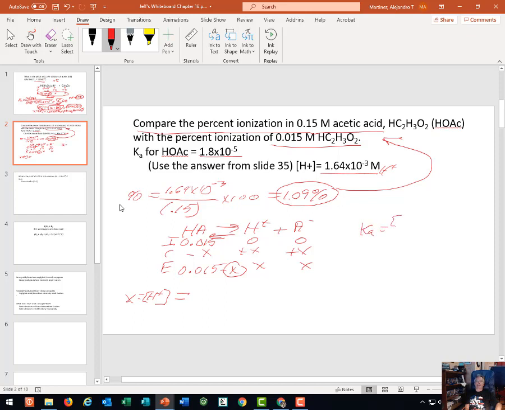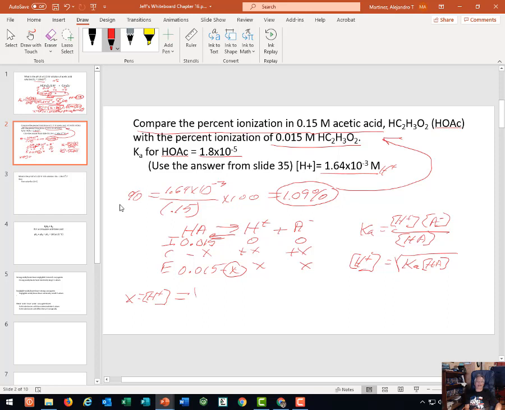Ka is equal to H plus times A minus divided by the weak acid concentration. And again, we're going to ignore that X. And so we solve for the H plus concentration, which is simply equal to the square root of the Ka times the initial concentration of our weak acid.